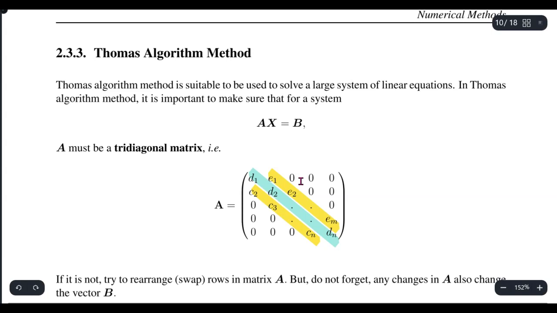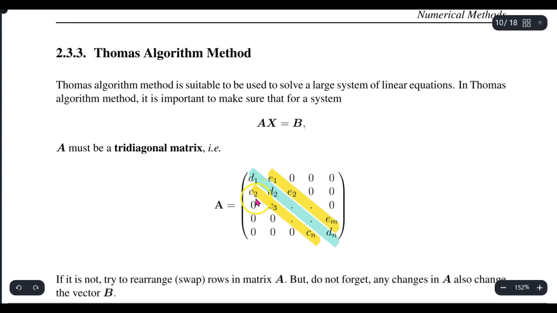In terms of notation, we use the D for the main diagonal. We start with D1 because we start with row number 1, so that's why the notation is D sub 1. The same thing for the E at the upper diagonal: the subscript starts with 1 because we have E at the first row.